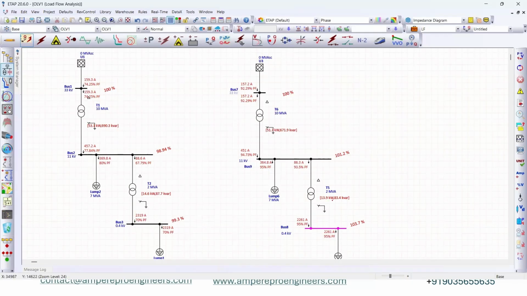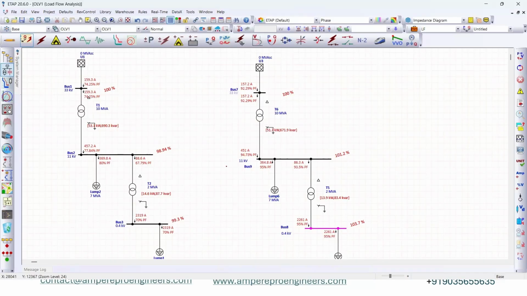See, for the transformer there is not much difference, but still it matters. There is a slight reduction because of this higher power factor. Here also, what we need is 457.2 amps, but here we need only 451.